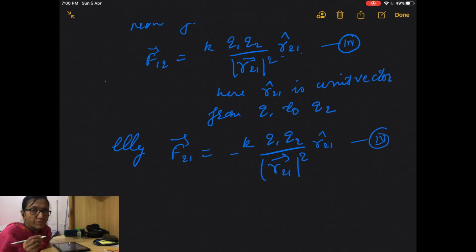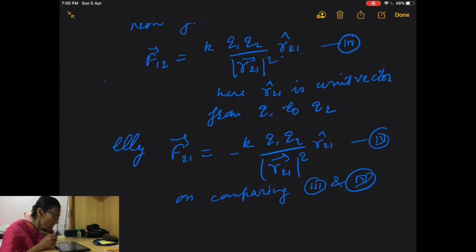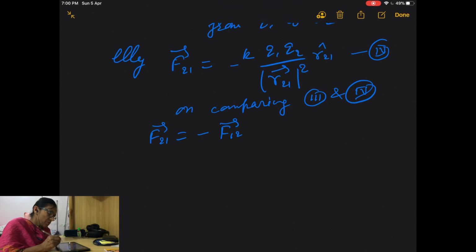When we compare equations 3 and 4, again we get the same result, that is F21 is equal to minus of F12. So forces are produced in pairs.